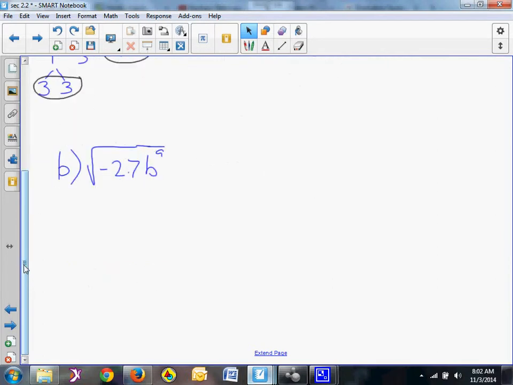We're going to do radical negative 27 b to the 9. Again, I need to tell which values the variable can be for this radical to be defined. So I'm going to ask myself the same 3 questions I asked above. What happens when b is negative?